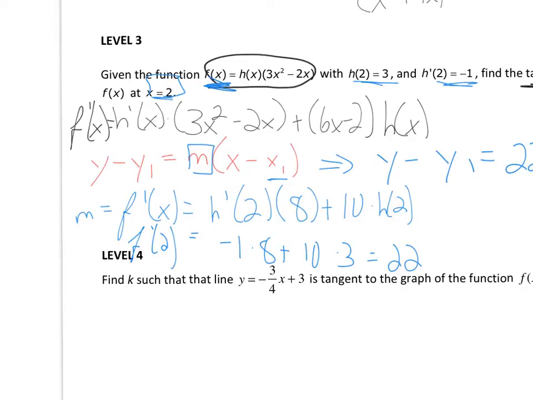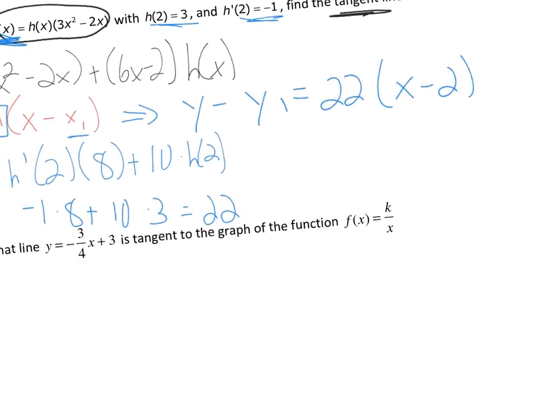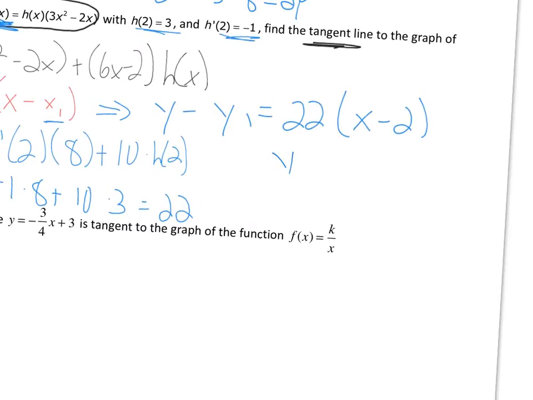So at 2, f of 2 equals h of 2 times 3 times 2 squared minus 4, or 8. h of 2 is 3. 3 times 8 is 24. And now I have my final answer: y minus 24 equals 22 times x minus 2. And again, I'm going to leave it in that form.